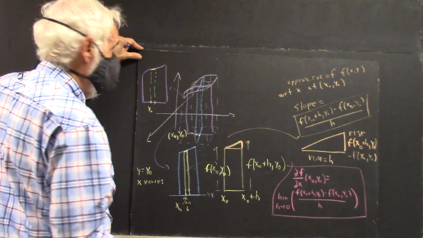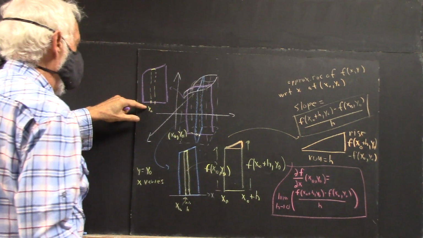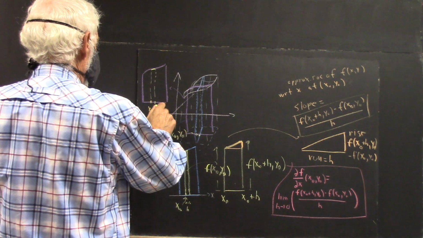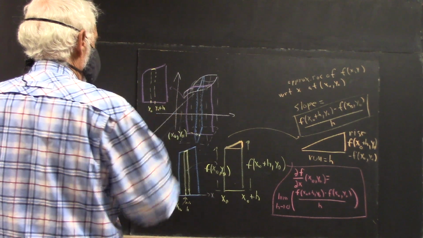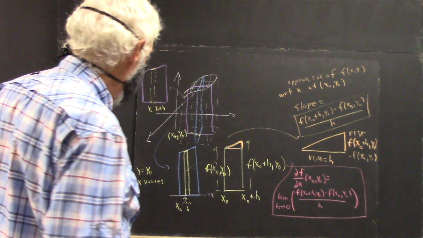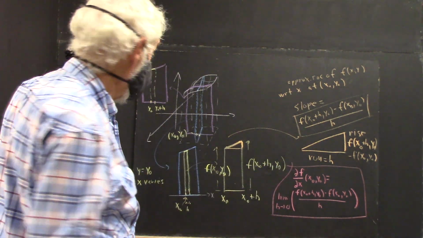From this is y naught. We'll call this y naught plus h. X naught remains constant. Y changes from y naught to y naught plus h.